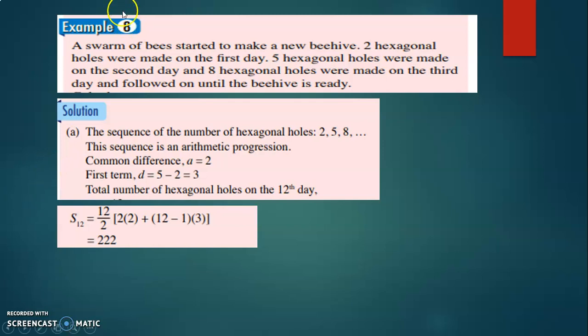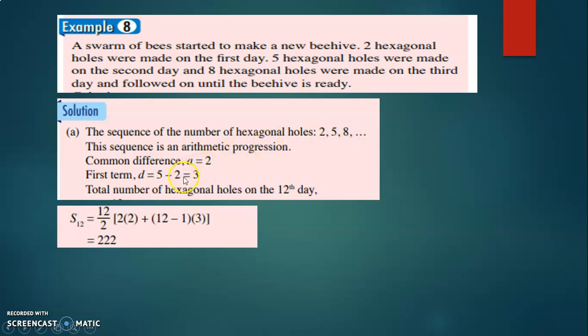So now, what is the question here? 我看一下题目在哪里，sorry. 他要看 the number of hexagonal holes on the 12th day. 你看 the sequence of this number，第一天 make 2 holes, 5 holes, 8 holes. That means this is an AP 咯.